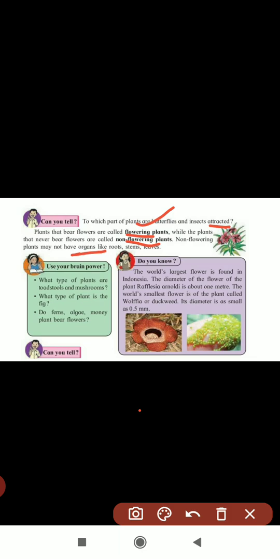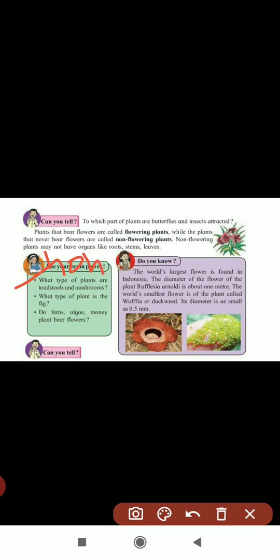Now see the examples here; first question, what type of plants are toadstools and mushrooms? They do not bear flowers, which means they are non-flowering plants.